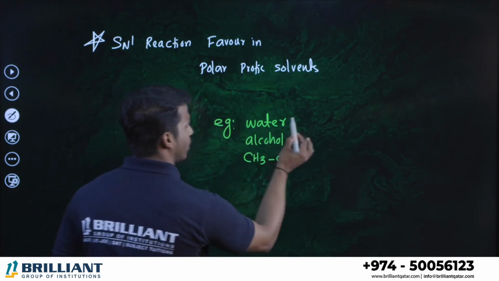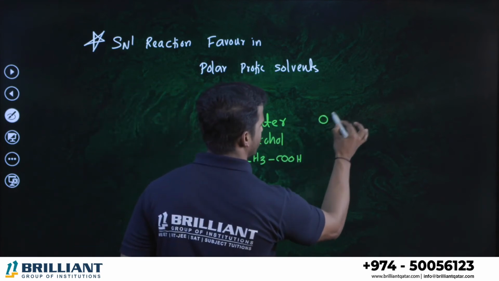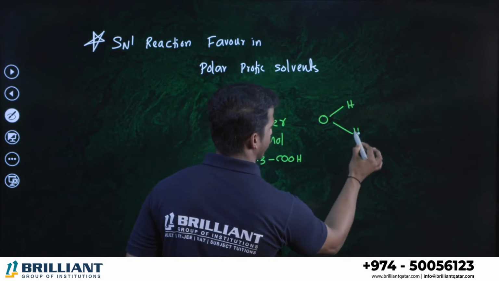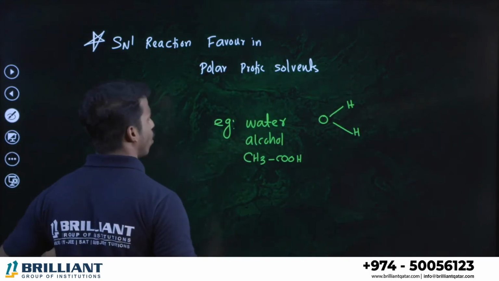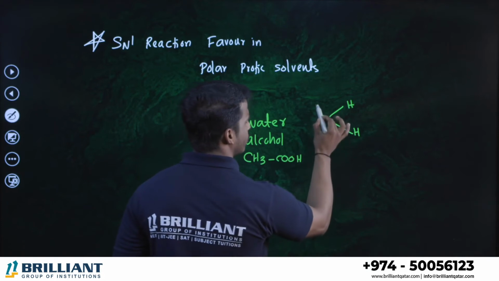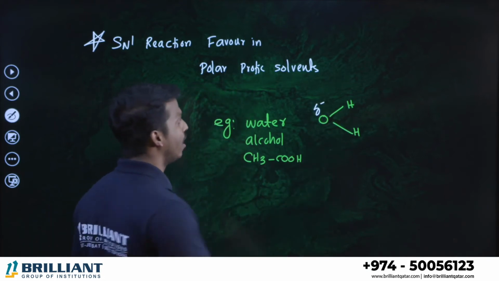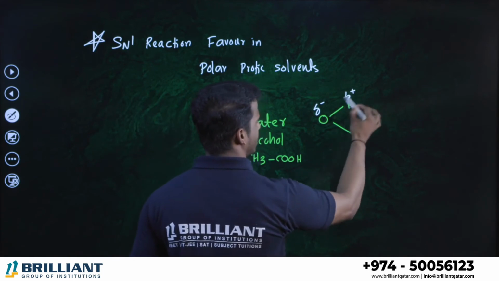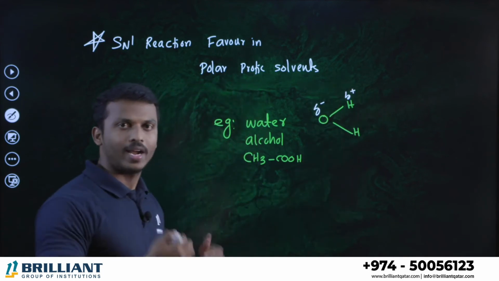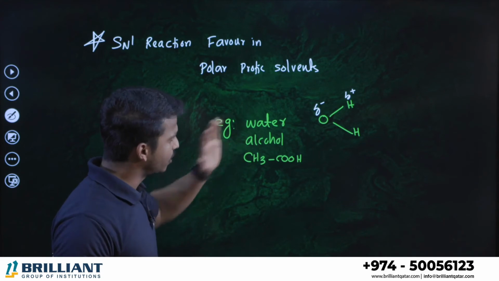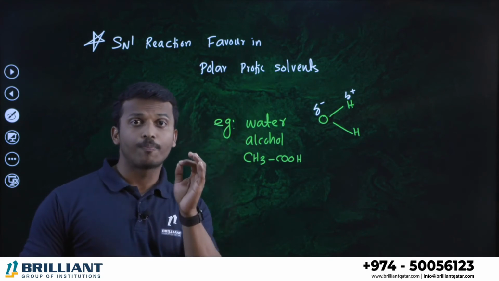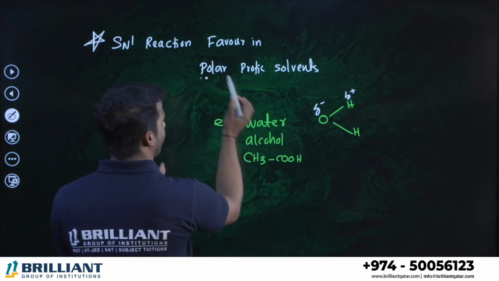Consider water, H2O. What is the charge on the oxygen and hydrogen? Oxygen carries a partial negative charge because it is an electronegative element. Hydrogen carries a positive charge. So this is a polar compound. Polarity means charge separation. What is the meaning of protic? So polar means polarity is there.